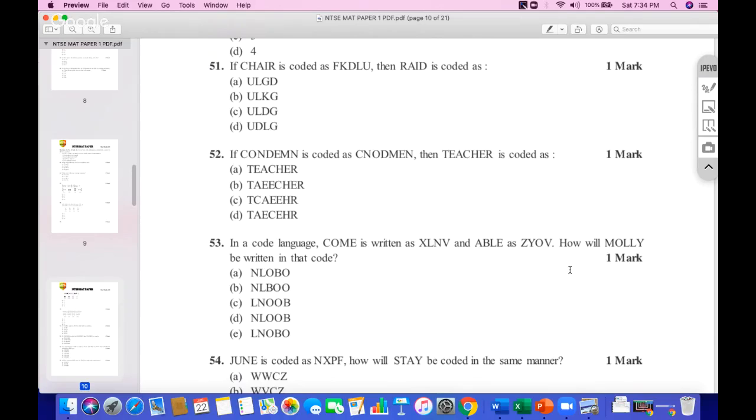51, most of you are saying D. 52 also you are saying D. So both the answers are correct. Plus 3 sequence in 51. And you know it's like first, third letter. So 52 is also D. So that's not a problem.